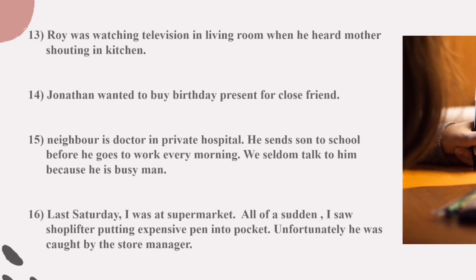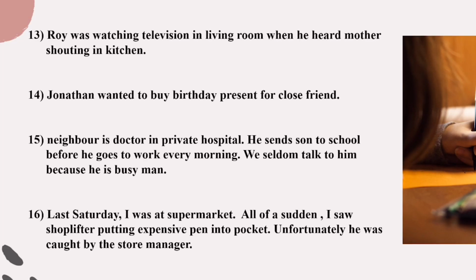For question 13 to 16, you can write the answer straight into your exercise book, which means you do not have to copy 2 times. Just read and then write the answer straight away, putting in the correct articles, determiners, or quantifiers.